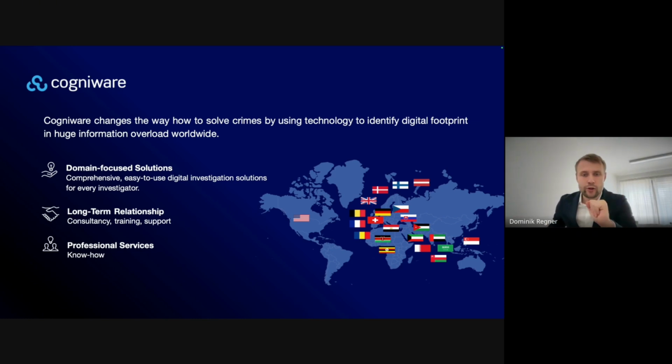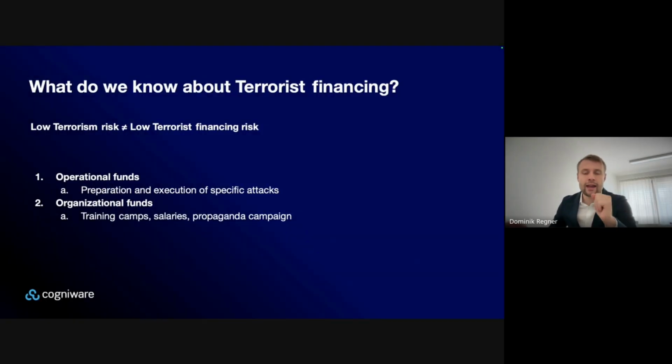That's just a brief introduction of our company, and now we can jump directly into what we know about TF, terrorism financing. Are you from a country where there is a super low risk of terrorist attacks? Sometimes a country might face only a very low risk of terrorist attacks from a specific group, but that doesn't necessarily mean there is no terrorist financing risk there.